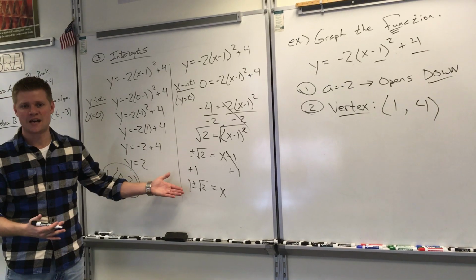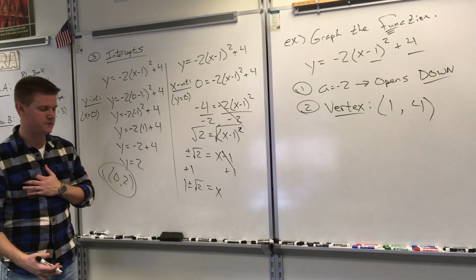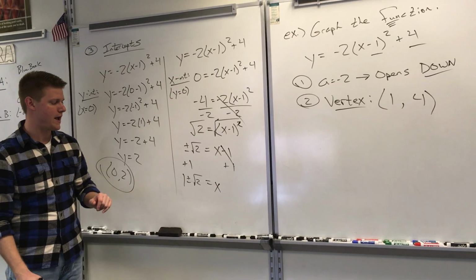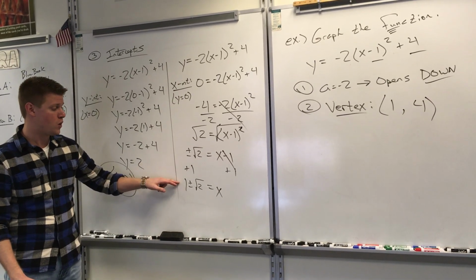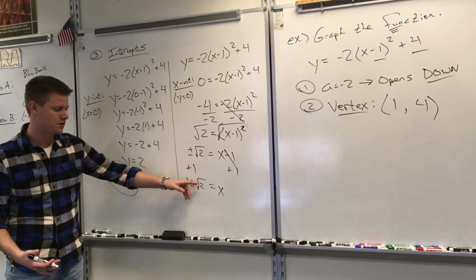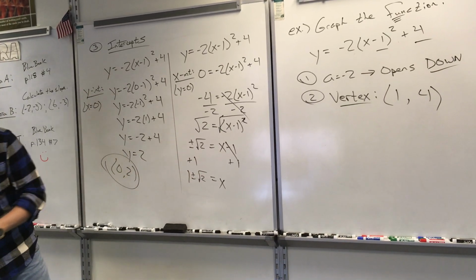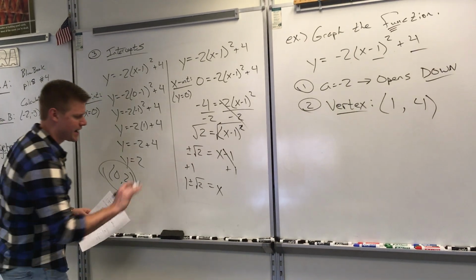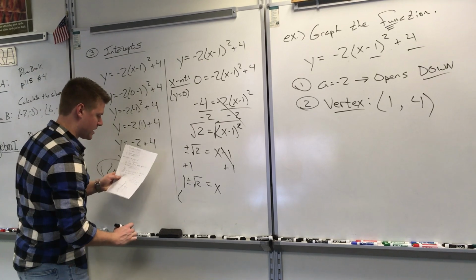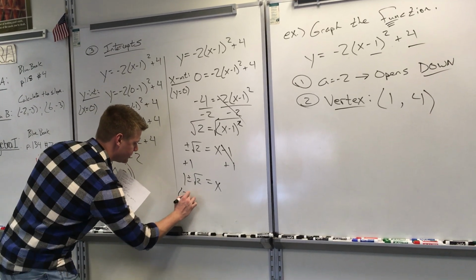Now, that does nothing for us as far as graphical purposes go, so what I would recommend here, get approximations for x. So what I'm going to do is 1 plus the square root of 2, get a decimal, and 1 minus the square root of 2, and again, get another decimal. Those approximations as points: 1 plus the square root of 2 is approximately 2.4.